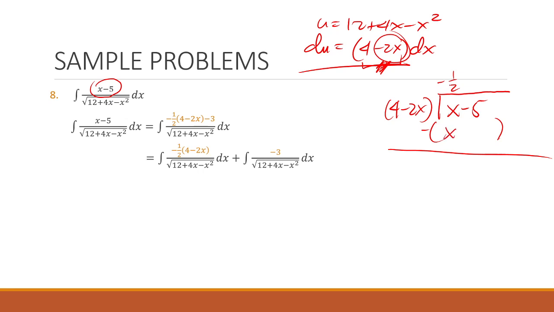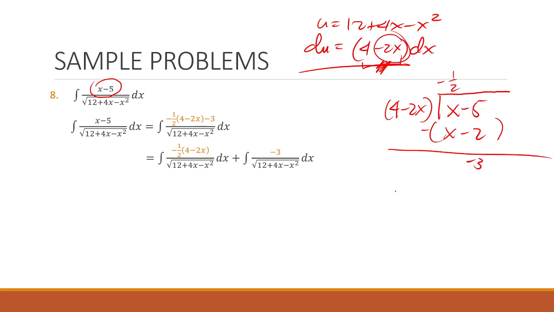Okay? So, negative 1/2 times negative 2x, that's positive x. Okay? And then negative 1/2 times 4, that's negative 2. Okay? So, x minus x cancel out. And then negative 5 minus negative 2. So that would be negative 5 plus 2, negative 3. Okay?